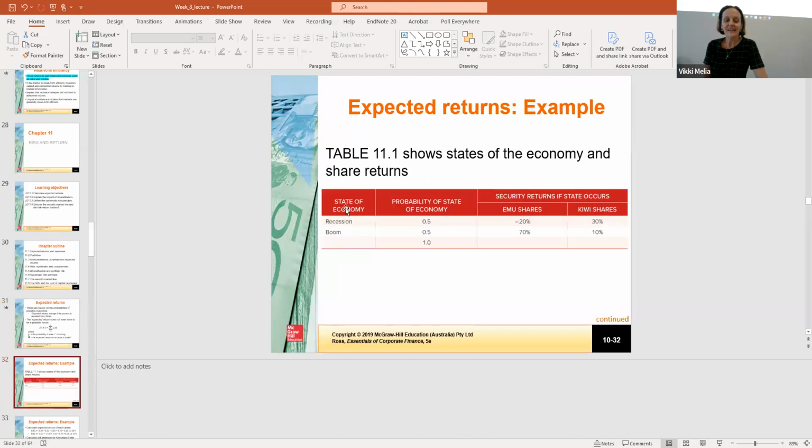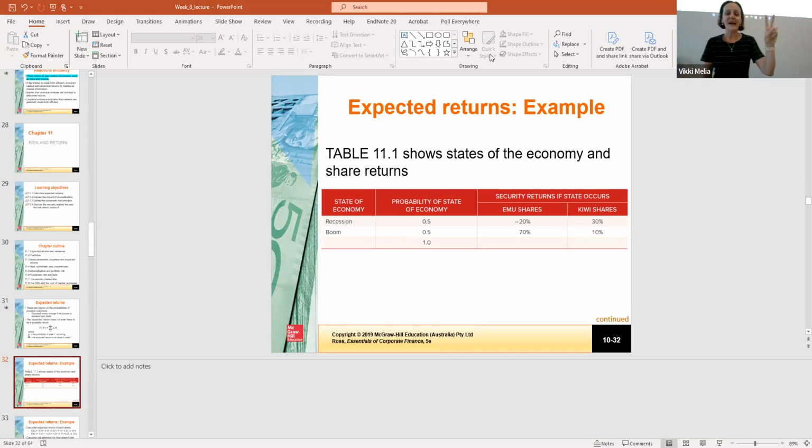So in this case, the states refer to the state of the economy. So we're thinking that moving forward, there are two possible states for the economy. The economy could either be in recession or boom. They're the two possible situations in the future. And the reality is, yes, there could be more than just two possible states, but we've used two to try and keep it simple.